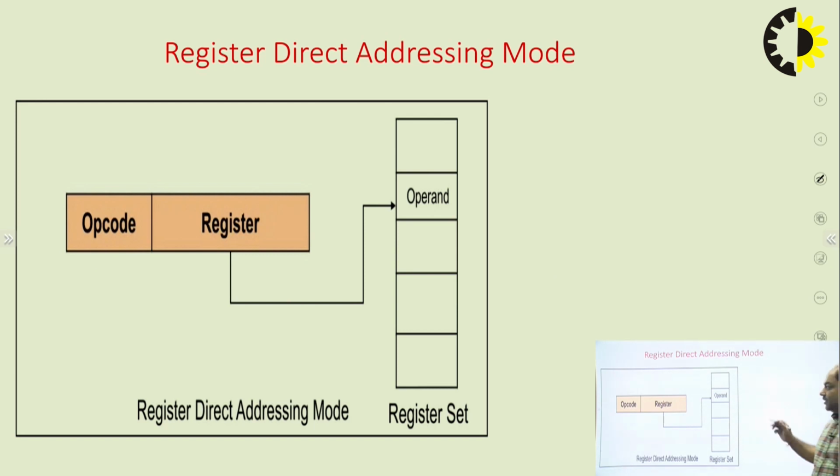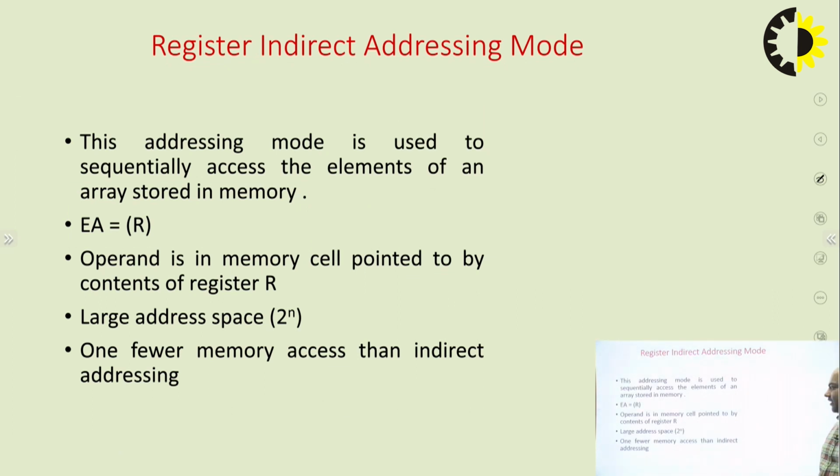Here is the diagram. In this, the instruction part consists of the register rather than an address, and then the register points to the operand which is in the register set. The other is register indirect addressing mode. This addressing mode is used to sequentially access the elements of an array stored in memory. It needs a large address space, and the operand is present in the memory cell pointed to by the content of the register.